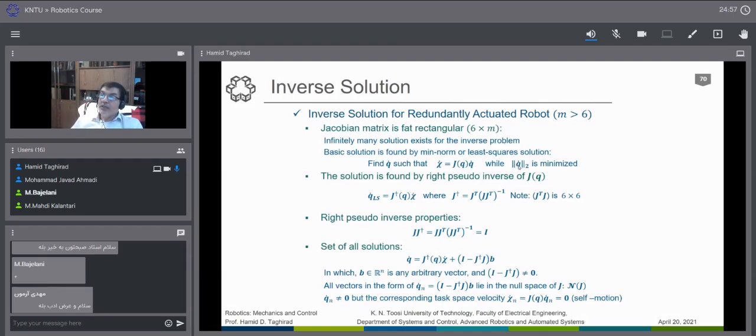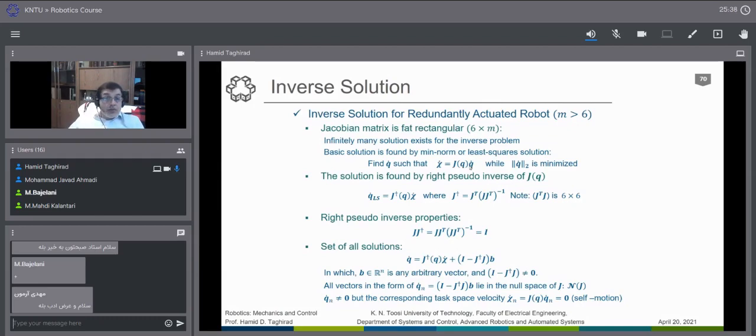It means that we have many different Q dots in the Jacobian inverse solution, infinitely many Q dots, to reach a particular speed at the task space X. So if we use the minimum norm solution, or the basic solution as we call it, we use the solution Q dot whose two norm is minimized.